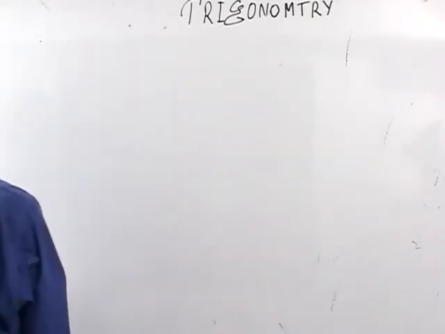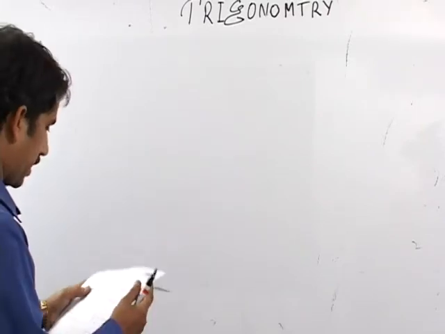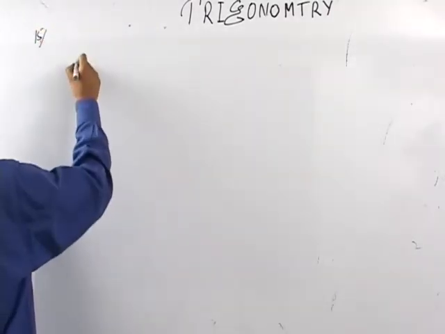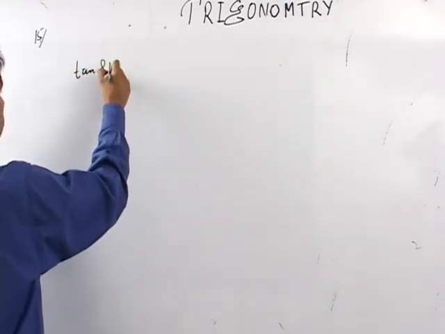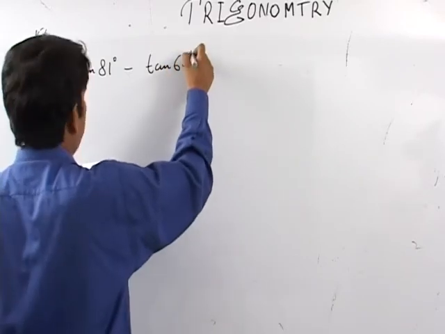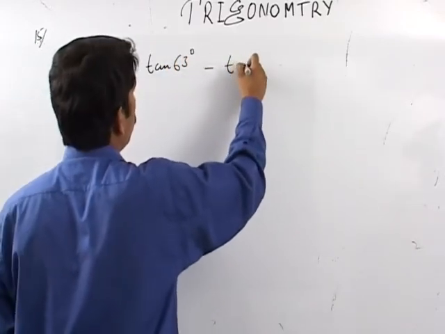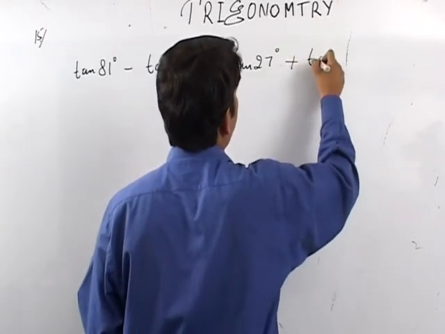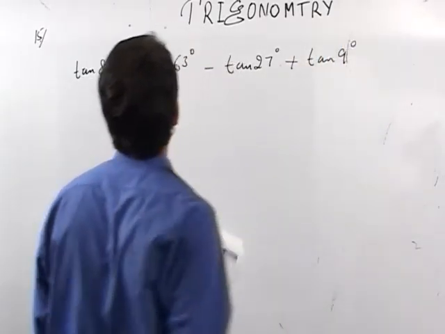Now, next question is, find the value of tan of 81 degree minus tan of 63 degree minus tan of 27 degree plus tan of 9 degree.